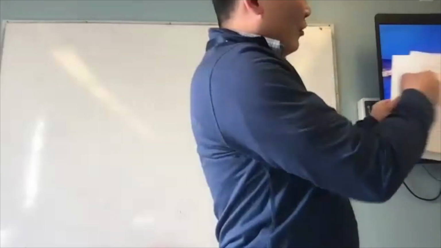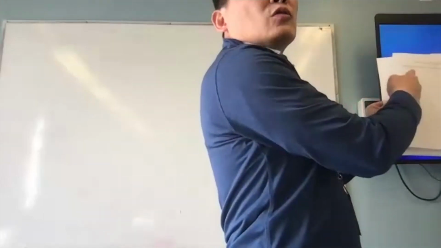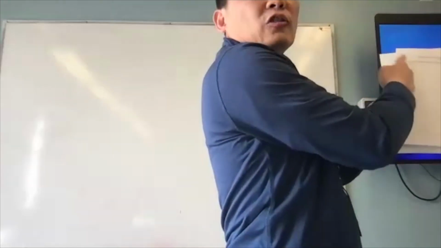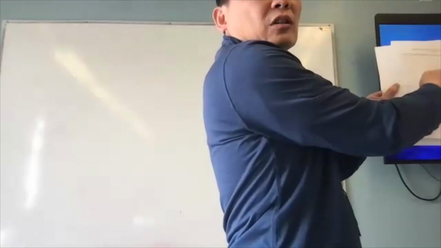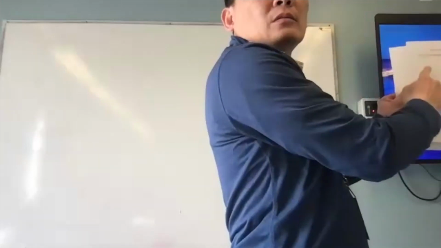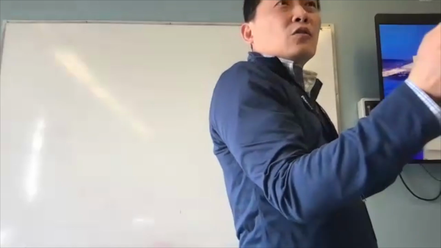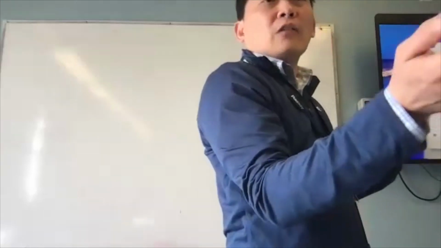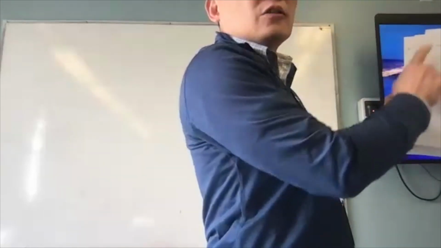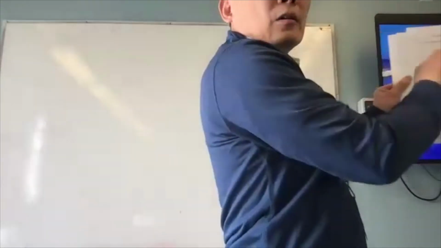Okay, so there are 10 problems, and each problem has a function and a graph, and I want you to plot this function on this little grid here. Use an XY table. You should have a computer or calculator to give you the values as you plug in numbers, but plot this over here.